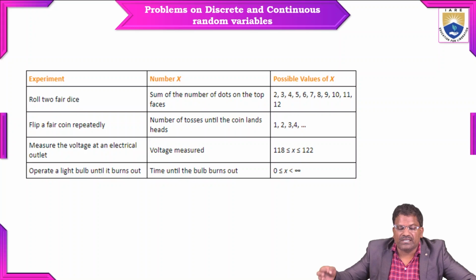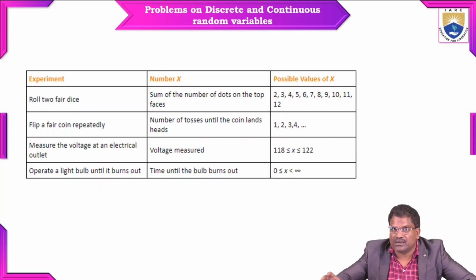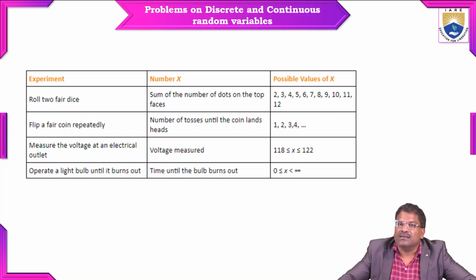Then the voltage measured is our parameter, which may lie between 118 volts less than or equal to x less than or equal to 122. So it lies in some interval.